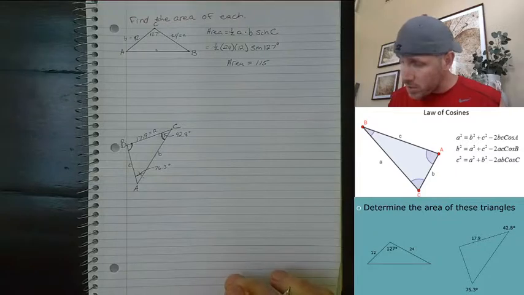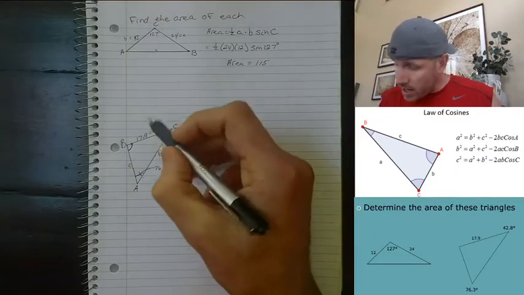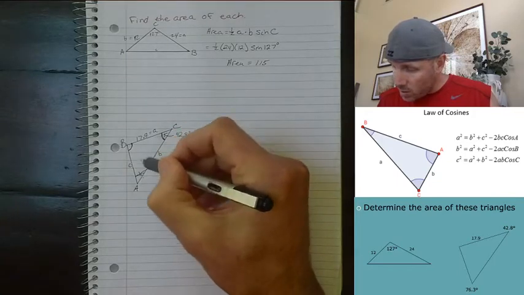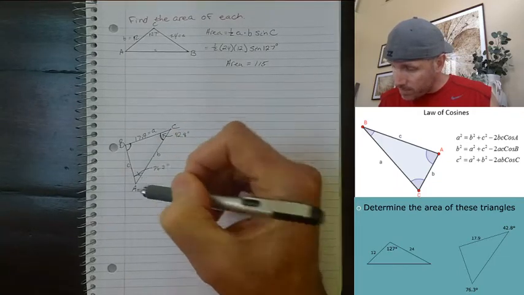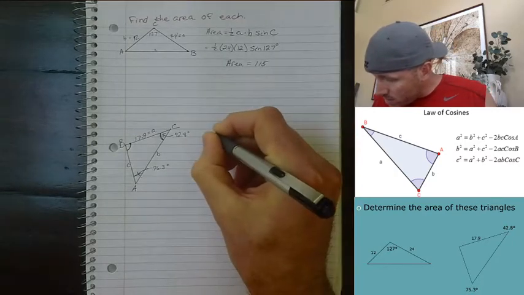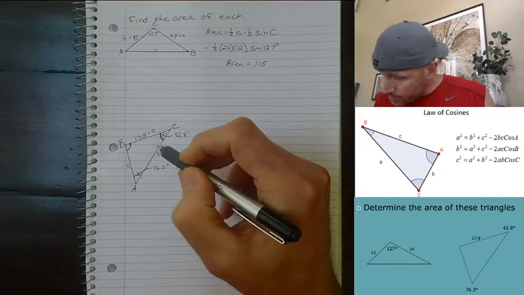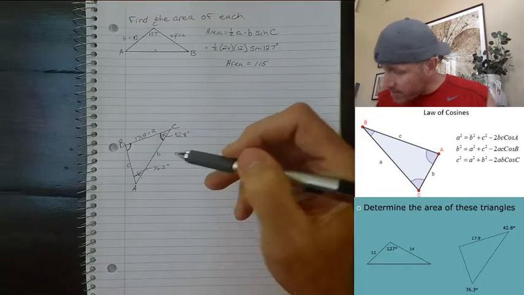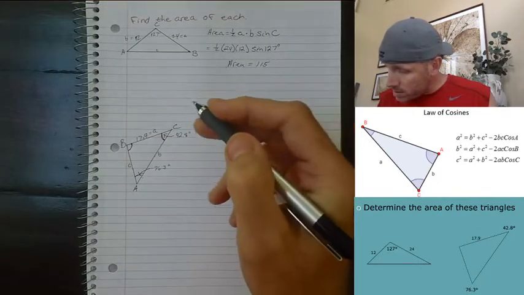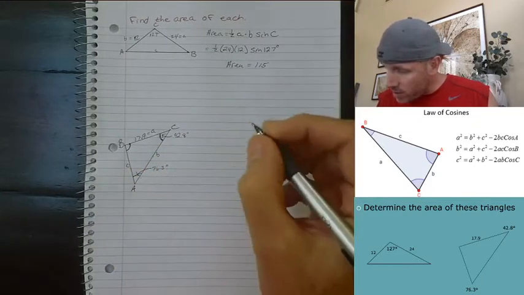So I'm going to use the law of sines in this case, because I have this ratio here. We're going to look for this value because we have to create that ratio.